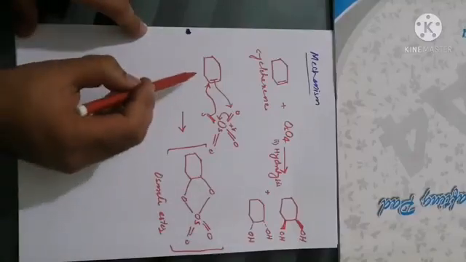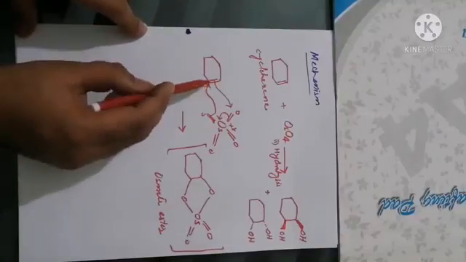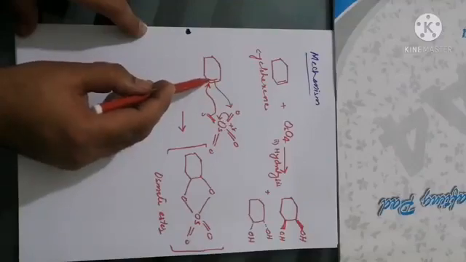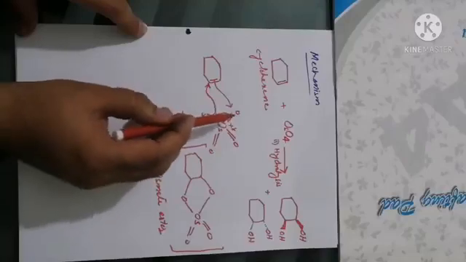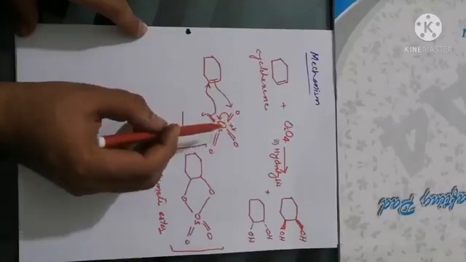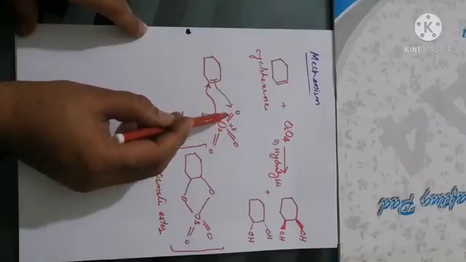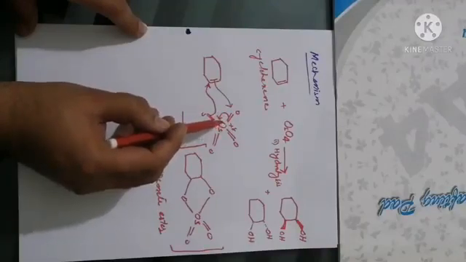I repeat that the olefinic double bond acts as a nucleophile; it has pi electron density that can be donated. This oxygen is electron deficient because osmium is electron deficient and pulls electron density towards itself.